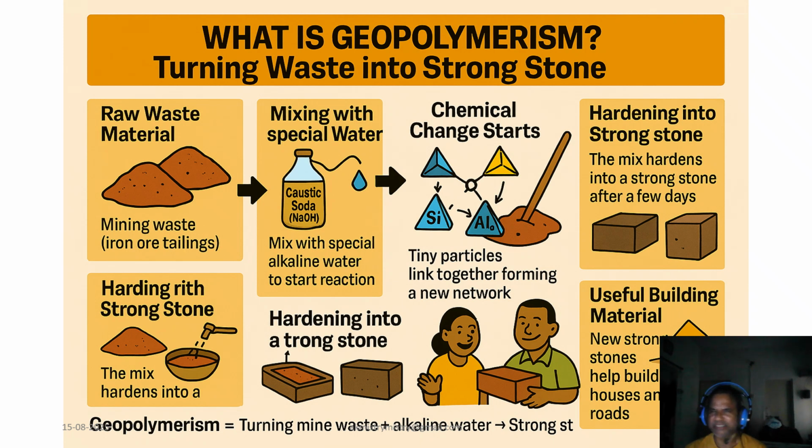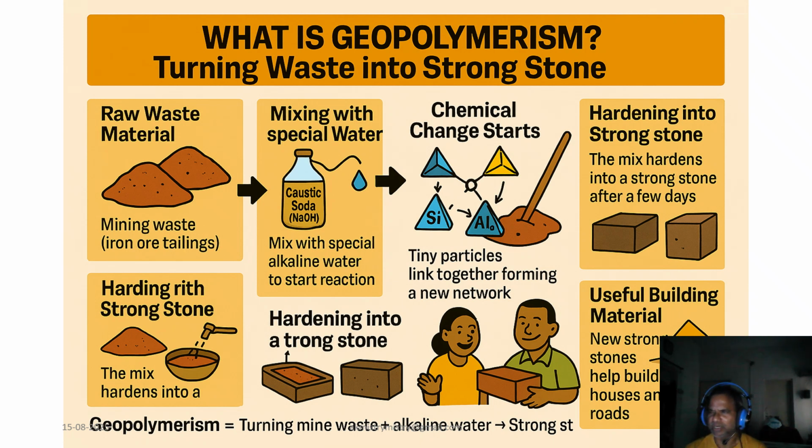Step 1, as you can see, starts with a raw material: waste rich in aluminosilicate. Step 2, mix the waste with alkaline water such as caustic soda or sodium hydroxide. Step 3, as it shows, a chemical reaction begins. Silica and alumina particles link together to form a new molecular network.